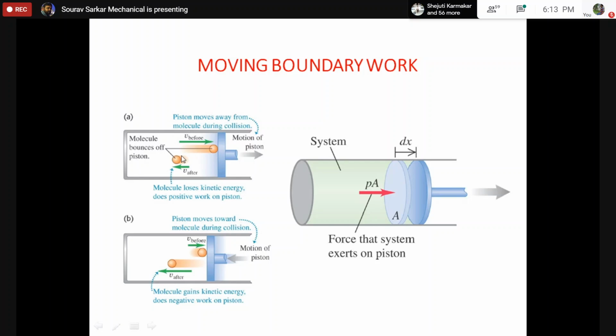The gas particles will bombard the surface of the piston, causing a net momentum change, which will generate a force, and that force will cause an expansion. Similarly, if I extract some heat from this gas, what will happen?